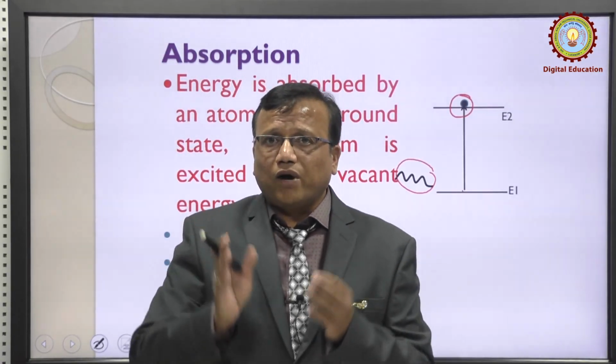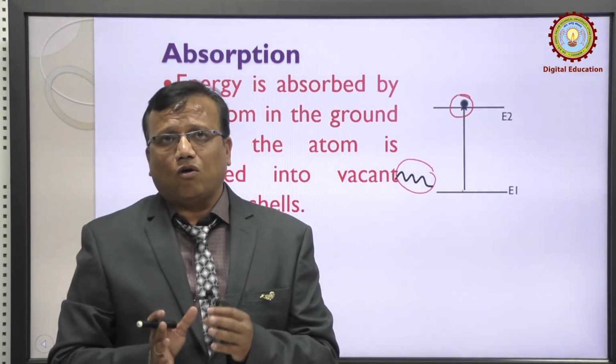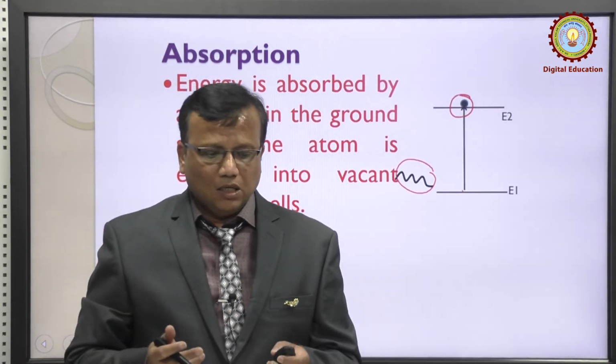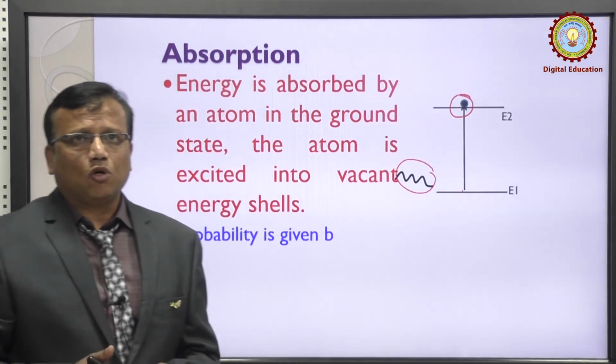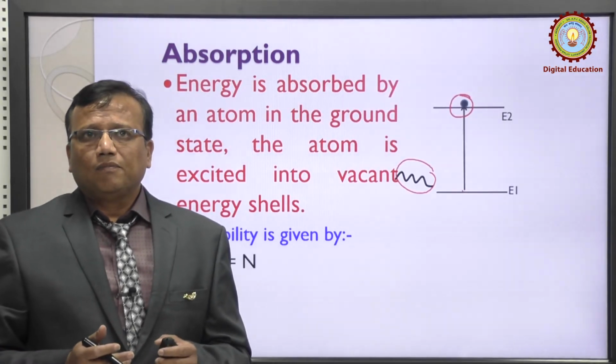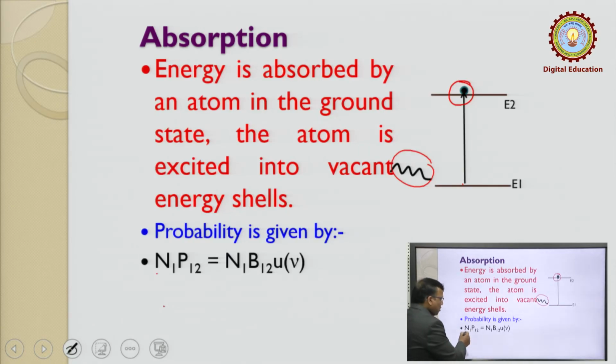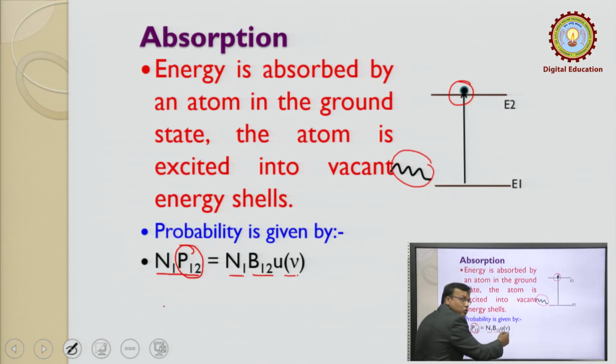So on what does the probability of induced absorption depend? The probability of induced absorption is given by N1 P12. N1 is the number of atoms in the ground state and P12 is the probability of jumping of atoms from the ground state to the excited state, and it is equal to N1 B12 U nu.